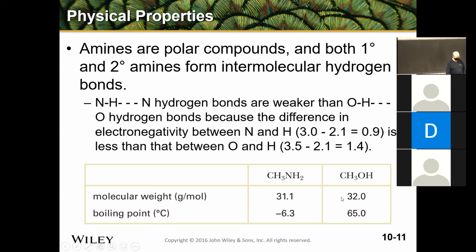Okay, these actually have similar molecular weights, 31 and 32. But because the strength of the hydrogen bonding is so different, there's a significant difference in boiling points. Okay, methanol is a liquid at room temperature. It boils at 65 Celsius. Methylamine is a gas. It boils at negative 6.3.